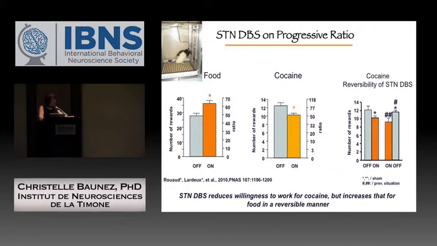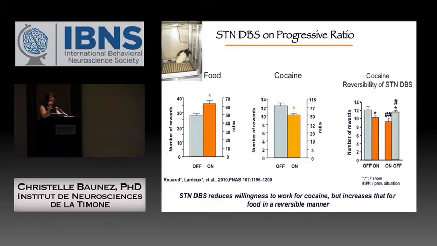And we apply 60 to 80 microsecond pulse widths, and the intensity is adjusted for each individual, because in the STN, when you apply high frequency stimulation, if you go high in the intensity, you induce hyperkinetic movement of the contralateral paw.